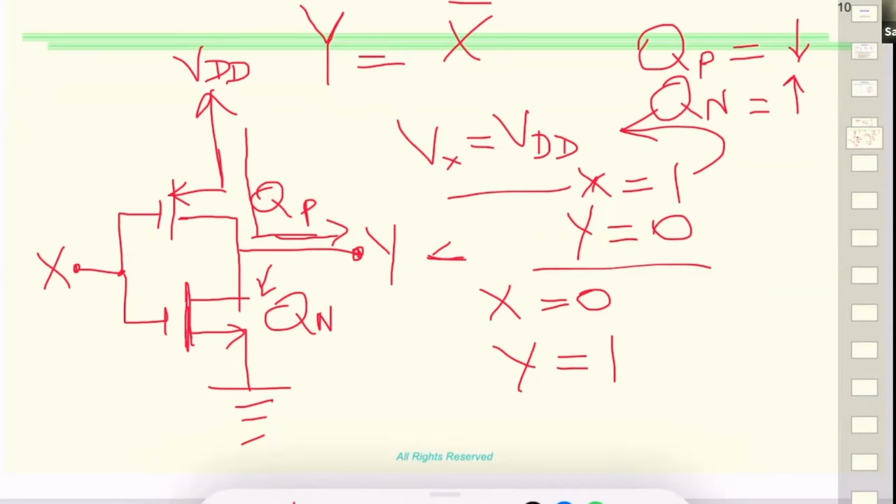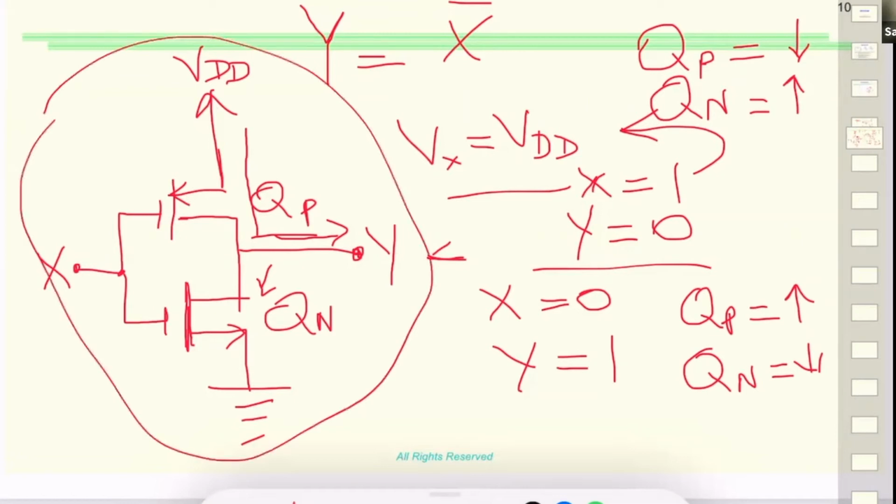In this case, QP is on and QN is open circuit, or you can say closed or open, whatever way you do. But the idea is that looking at the situation and identifying which transistor is in which path, our nodal analysis will tell us what voltage we expect on that output node.